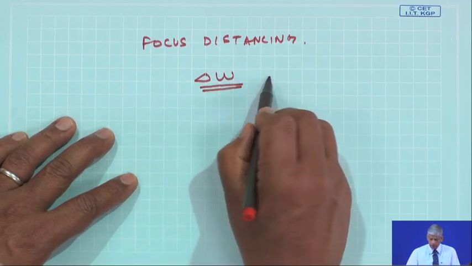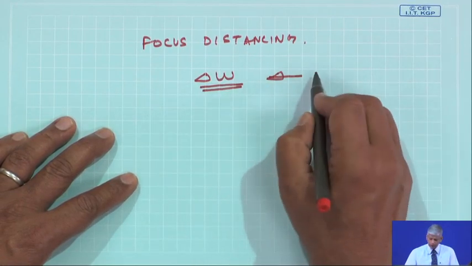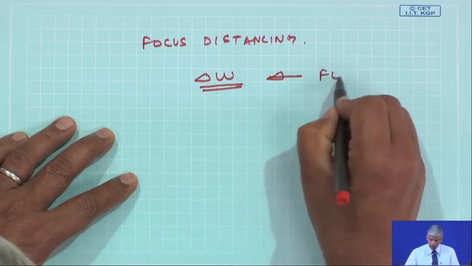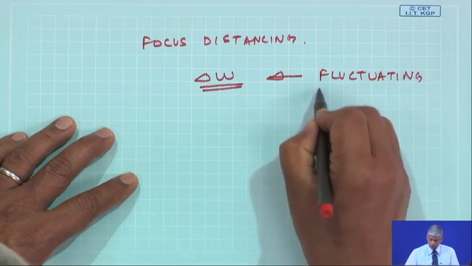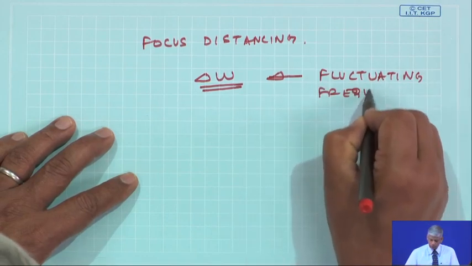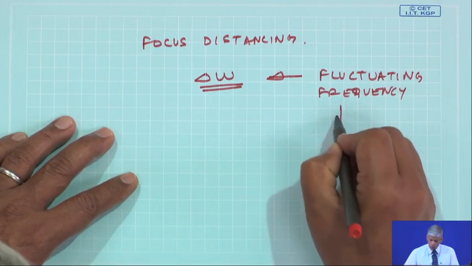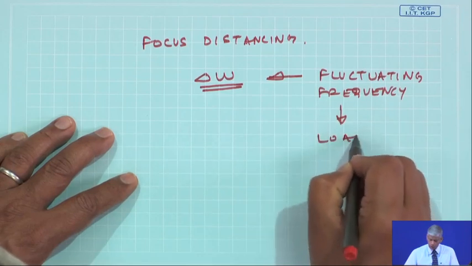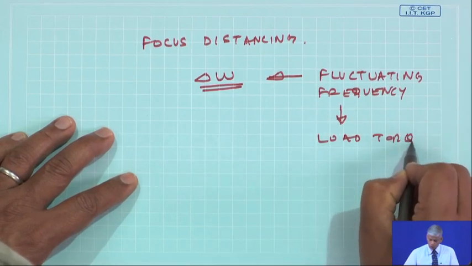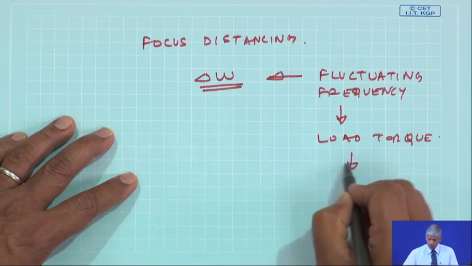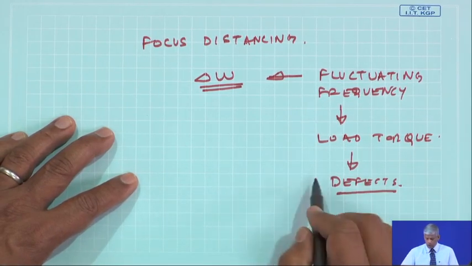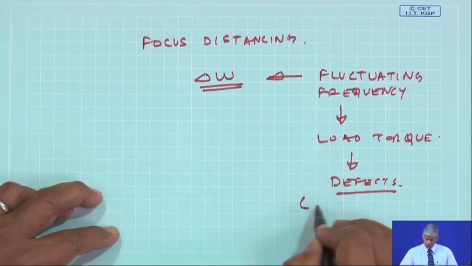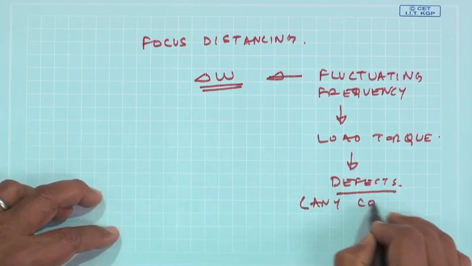And this fluctuating frequency is because of the load torque, which is because of the defects. I say defects or any conditions.